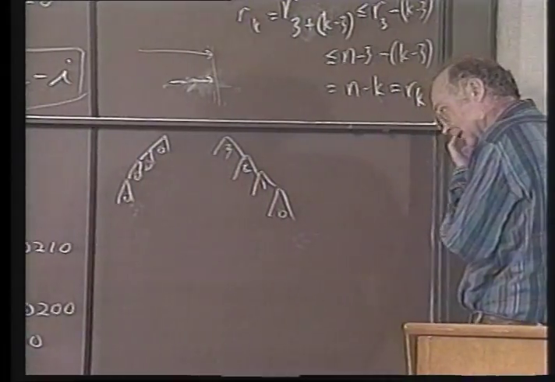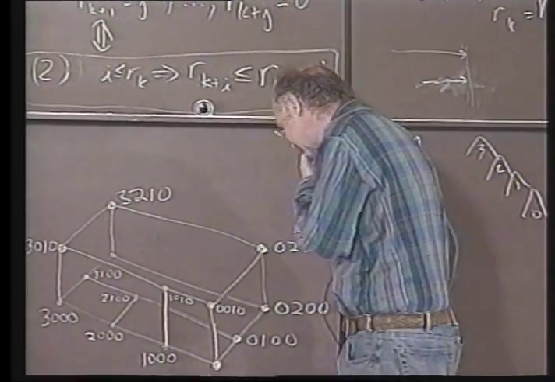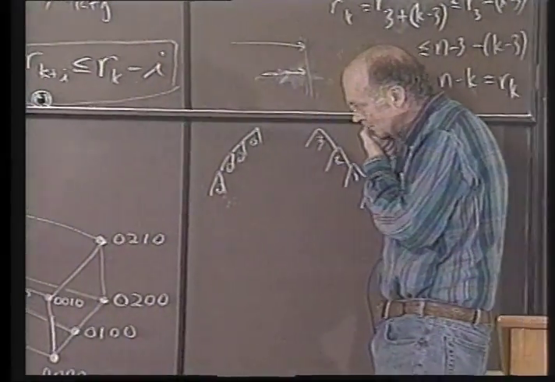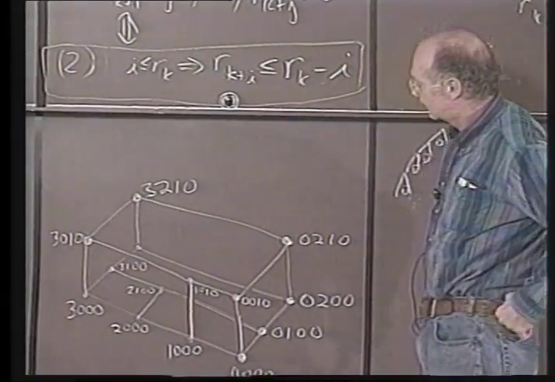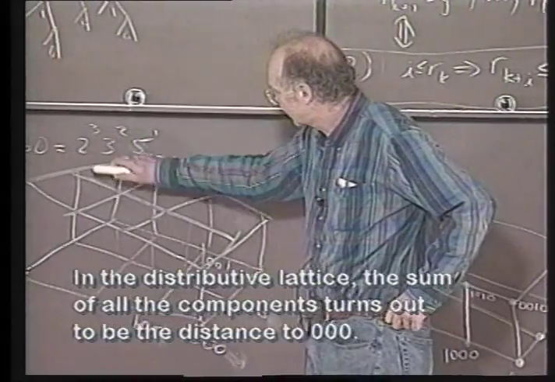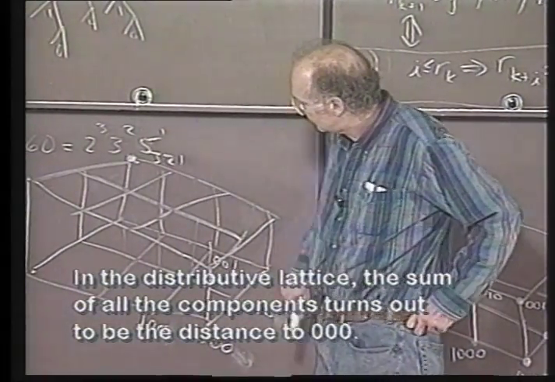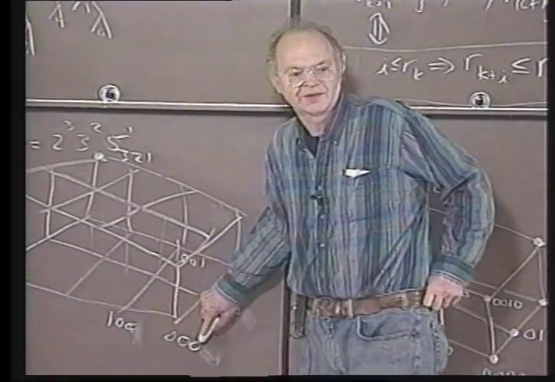Now, another thing to observe here is the sum of all the r's. In a distributive lattice, the sum of all the components turns out to be the distance to 0, 0, 0.